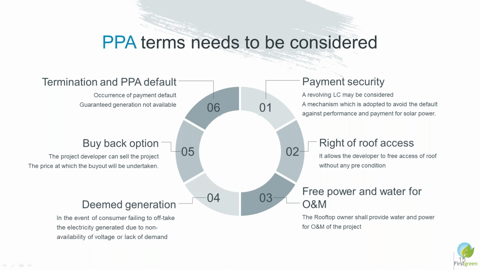So there are risks associated with this PPA. So PPA terms need to be discussed in detail with the client. There are many PPA terms, but we will discuss a few of them, which are, we believe, very important. So the first and foremost important thing is the payment security.